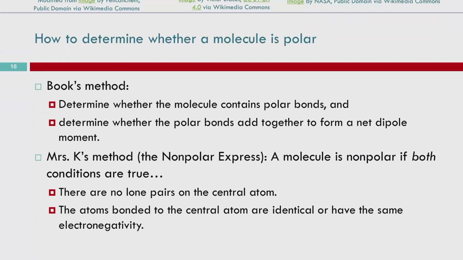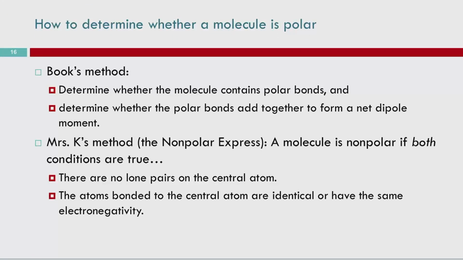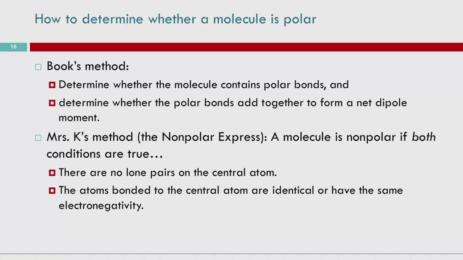So if you want to determine whether a molecule is polar, the book's method: determine whether the molecule contains polar bonds. It has to have polar bonds to be polar. We talked about this in chapter 7. Determine whether the polar bonds add together to form a net dipole moment, like drawing in the little arrows pointing towards the more electronegative end. We did that with the formaldehyde.